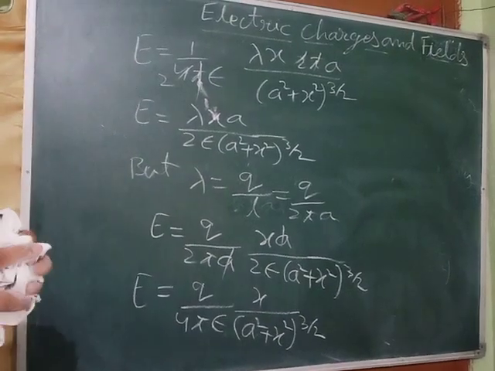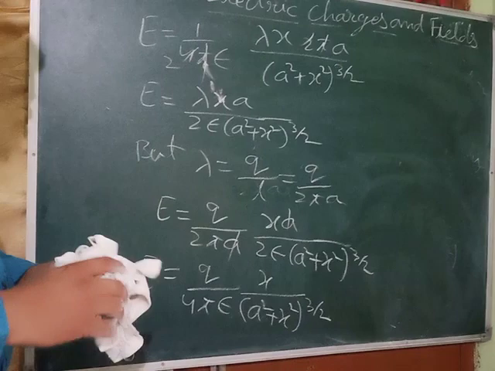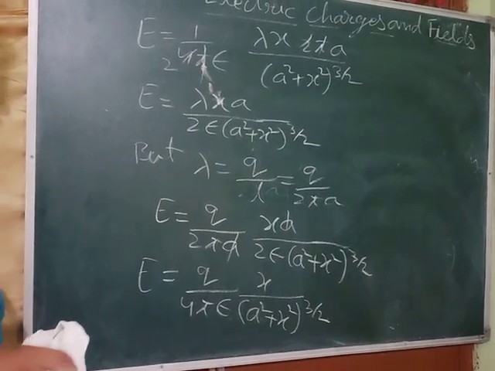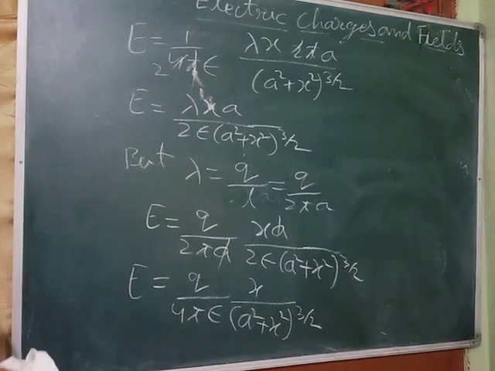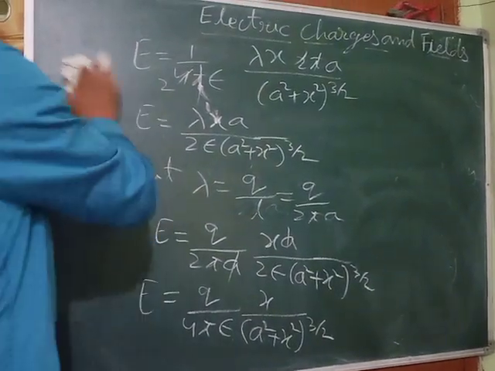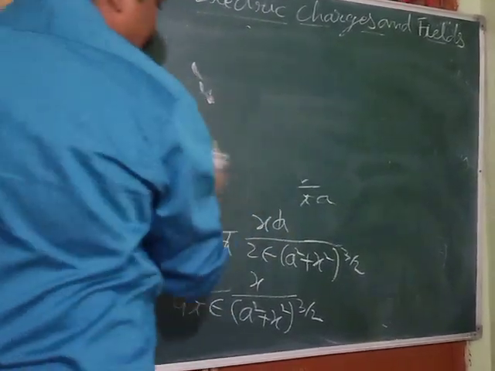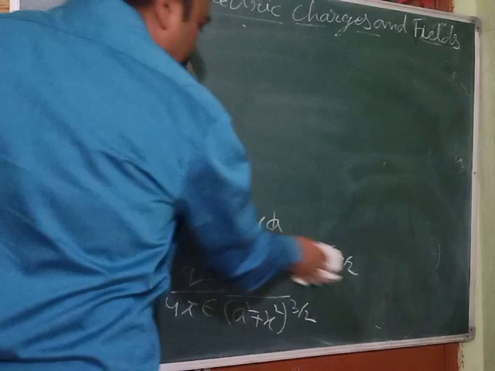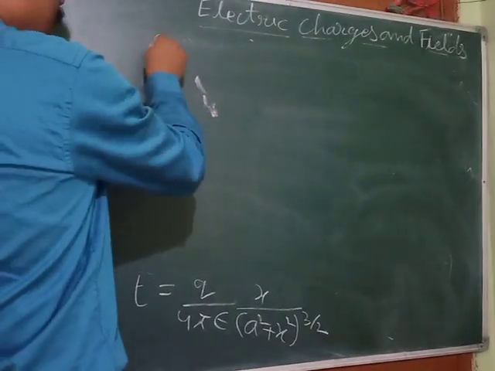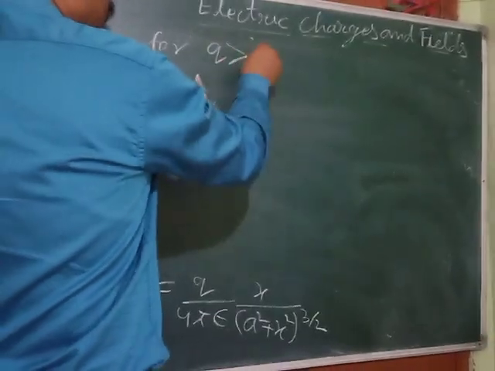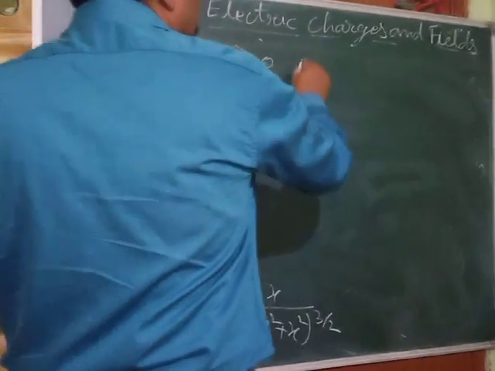Now, this is the expression for the electric field due to a charged circular loop or ring at an axial point at a distance x from its center. Now, if we consider the direction, then for q greater than 0, that means it is positive, what will happen?